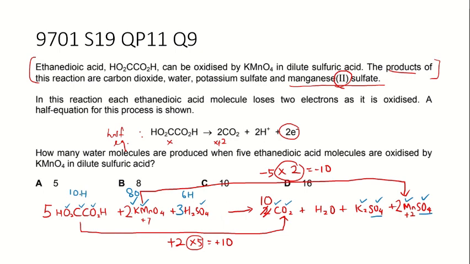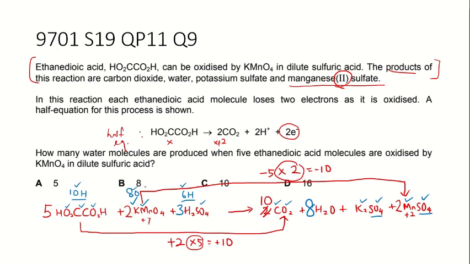Can you see that altogether 16 hydrogen and 8 oxygen must only go to H2O? So how many H2O molecules will give you 16 hydrogen atoms and 8 oxygen atoms? 8, right? 8 times 2, 16. 10 plus 6, 16. 8 times 1, 8 oxygen.